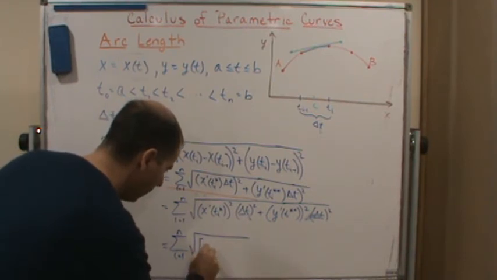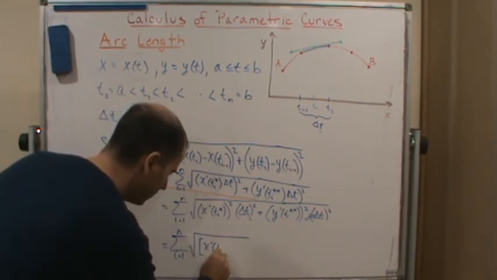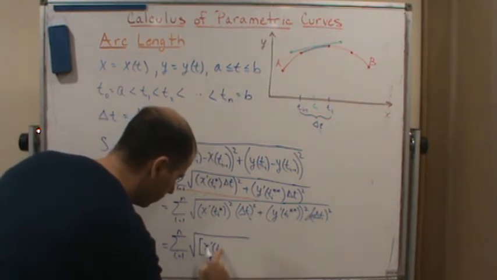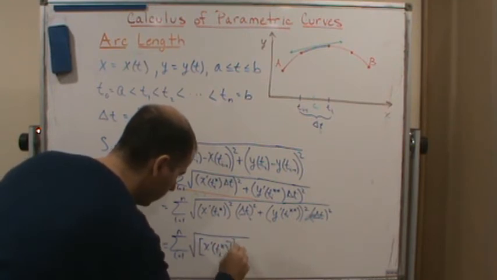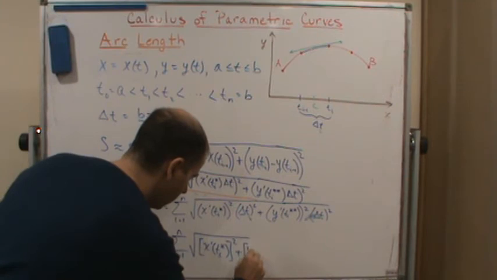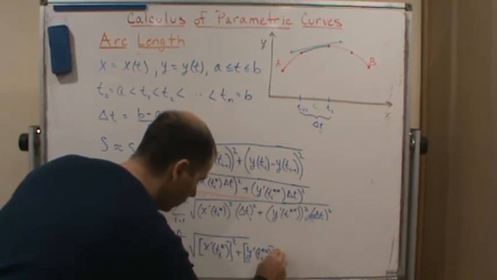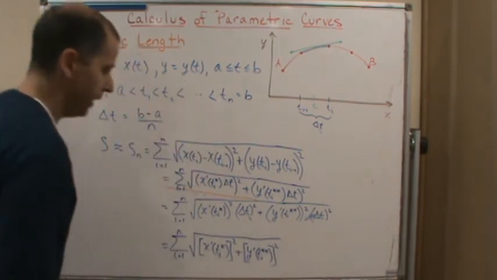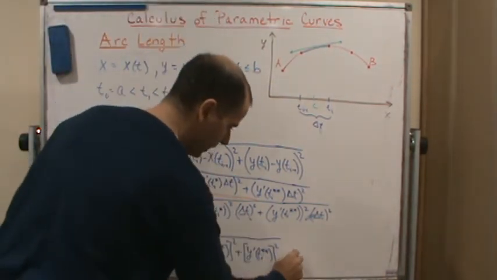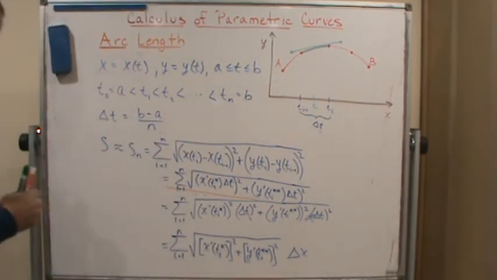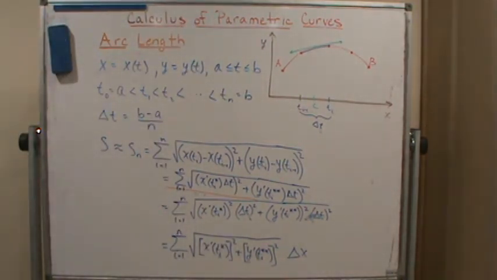We get x prime of t sub i star squared plus y prime of t sub i double star quantity squared, and then we pull this out and we just get a delta t.